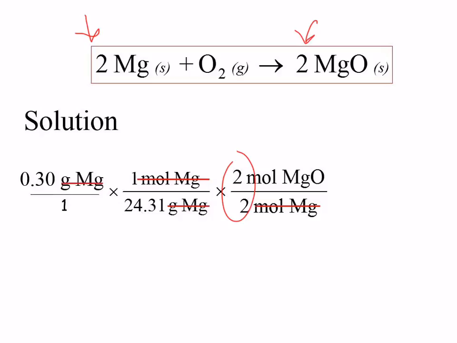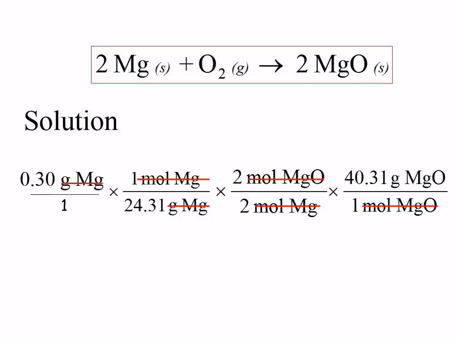So now we have units of moles of magnesium oxide, but we want grams. So we're going to use the molar mass, aren't we? And so we have this pattern going. We're going to use the unflipped version of the molar mass, which a few slides ago we said was 40.31 grams MgO over 1 mole of MgO.